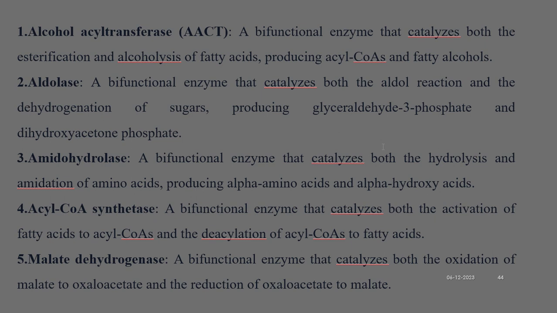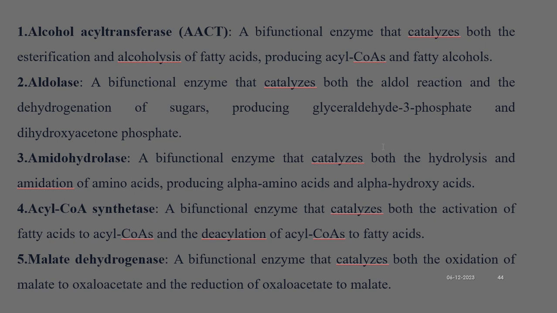So it will convert it into glyceraldehyde 3-phosphate and dihydroxyacetone, which is a very important function you will find in glycolysis. Then amidohydrolase, which is also found in plants, is bifunctional and catalyzes both hydrolysis and amidation. Amidation means producing alpha amino acids and alpha hydroxy acids.